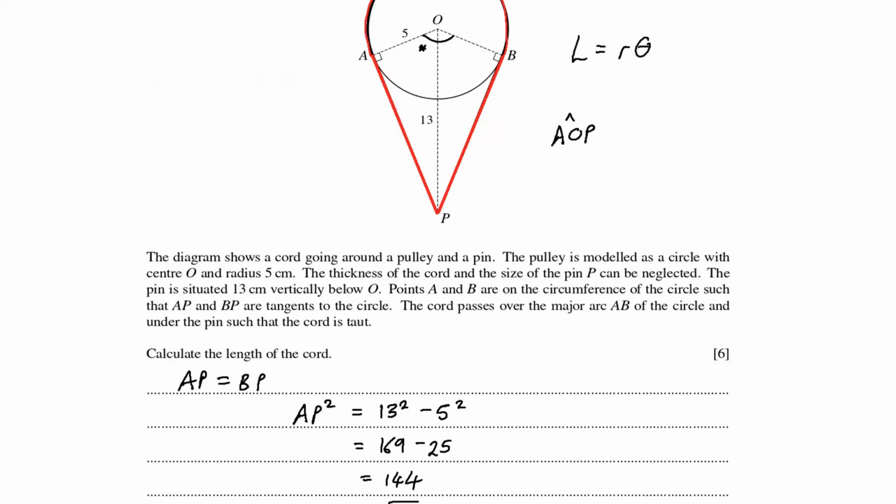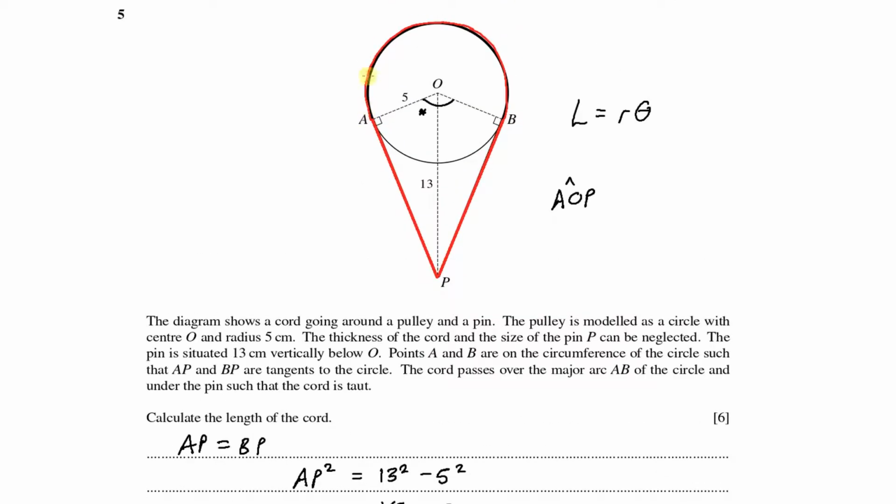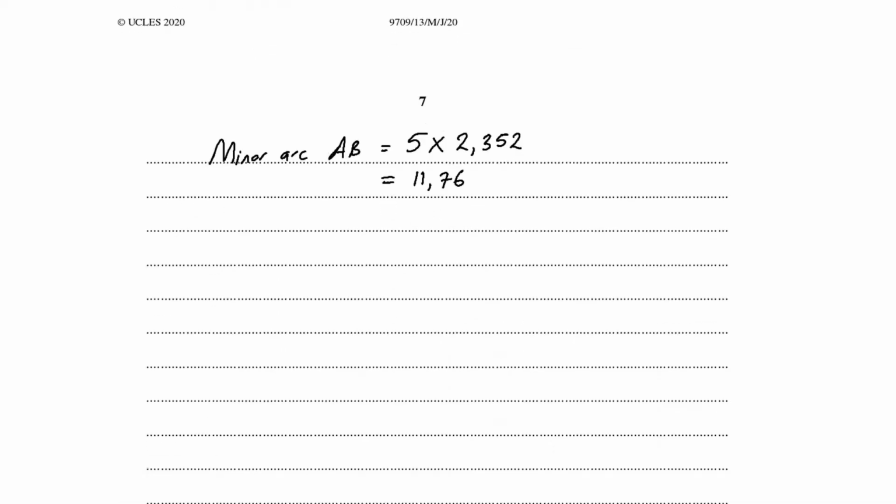Right, so to find the length of the major arc, we can subtract the length of the minor arc from the whole circumference of the circle, which is obtained by 2 pi r. So major arc AB will be 2 pi r, which is 5, minus 11.76.